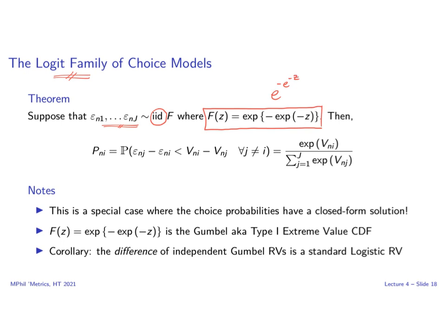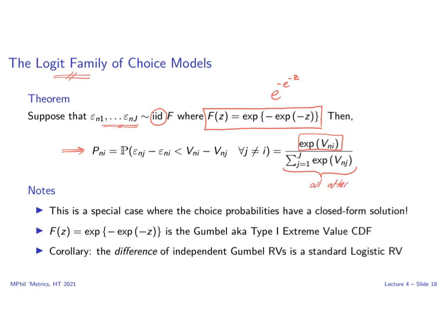Under this assumption, there is a simple and intuitive closed-form solution for the choice probabilities, as given in the following theorem. The probability that decision maker n chooses alternative i is equal to e to the representative utility of that alternative divided by the sum of the representative utilities of all the alternatives.